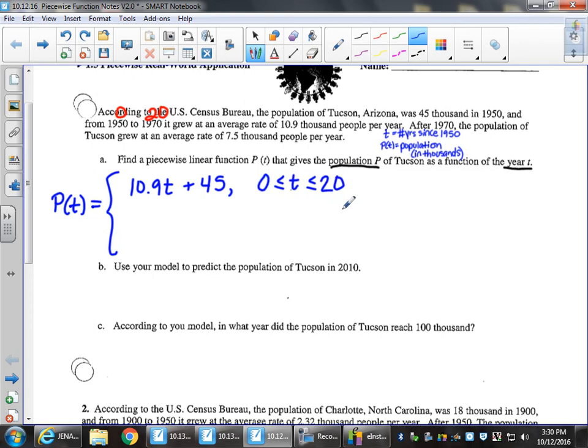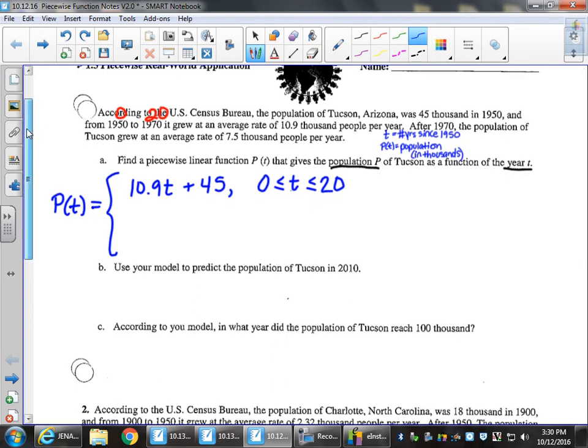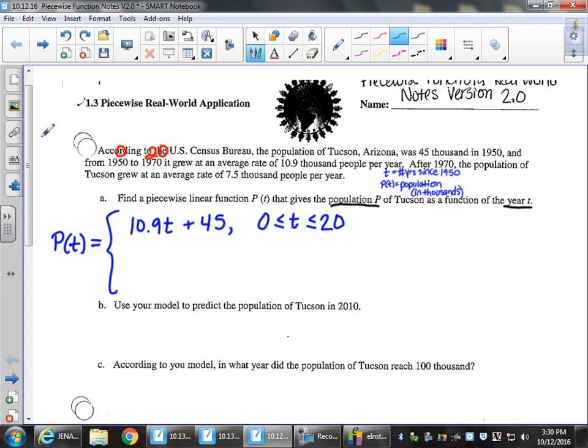Now, all of us were 100% comfortable right up to this point. The new idea that I'd like to talk with you about directly connects to point-slope form. So remember, point-slope form: y minus y1 equals m times x minus x1.